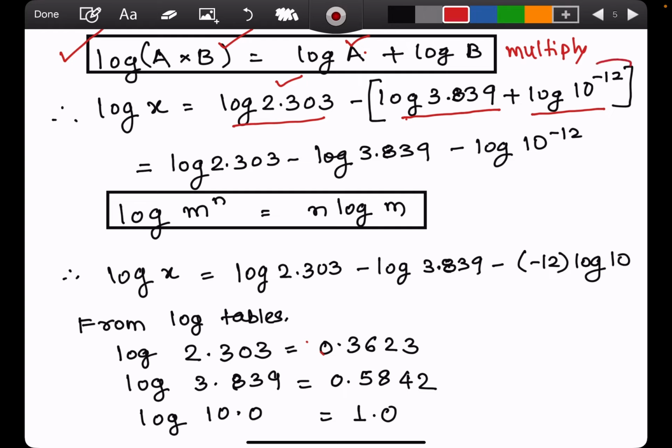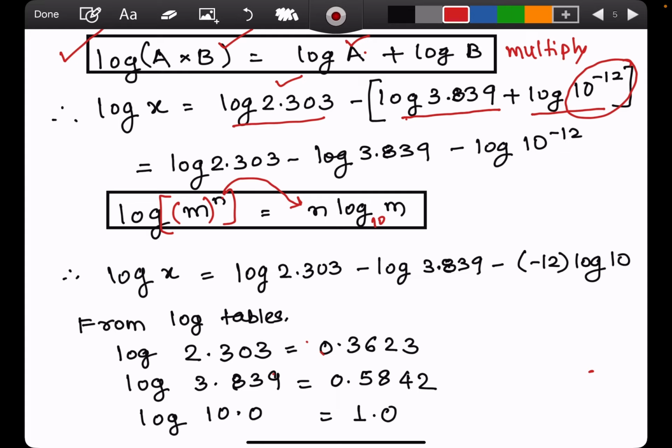Now again, you'll find that this is an expression in terms of indices, and in order to simplify it further, I need to use the expression which involves the exponent. Whenever a term of the form m raised to n is involved, and you take a log of this kind of term, then it is equivalent to n times log to the base 10 of m.